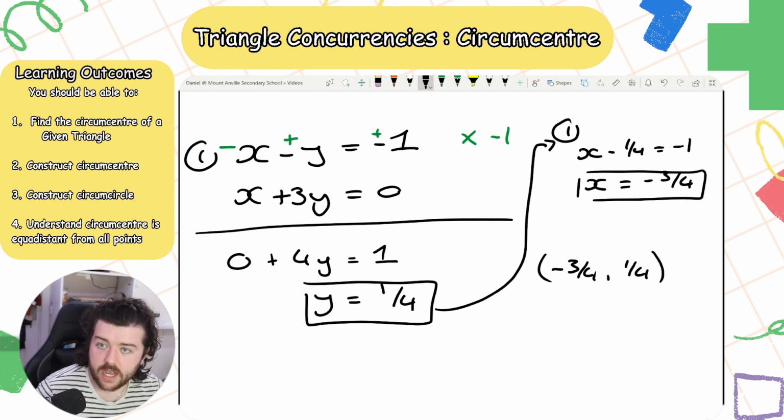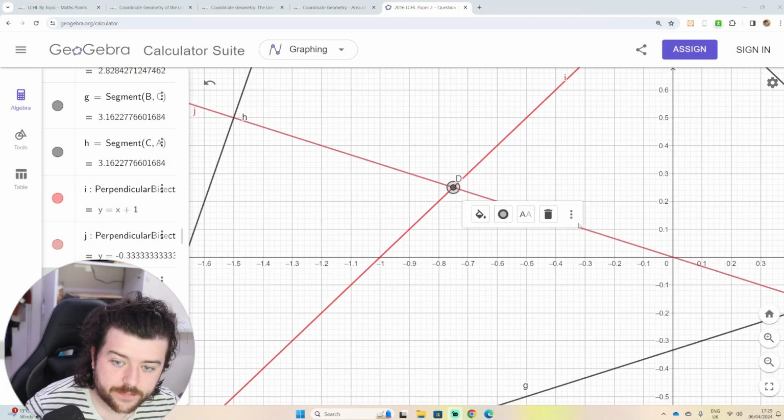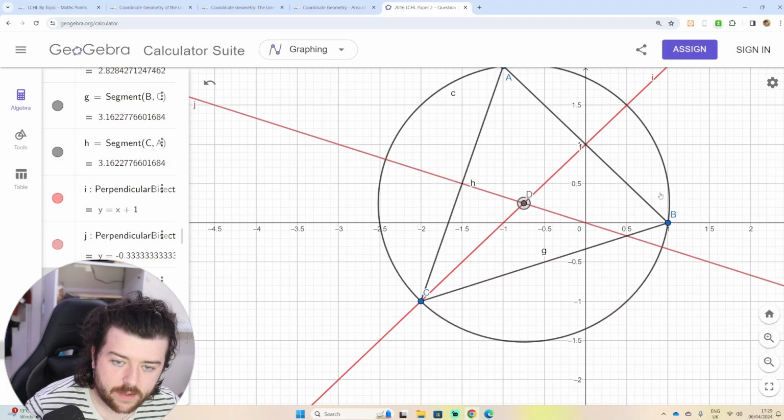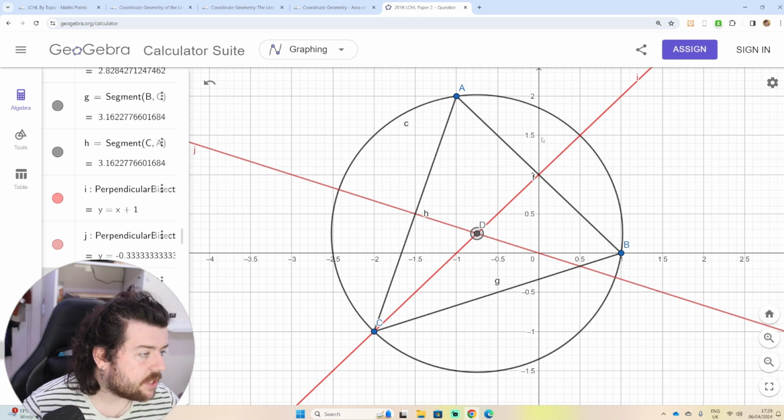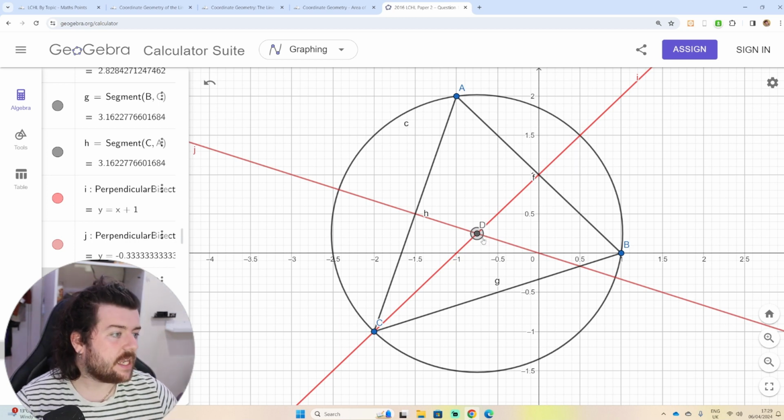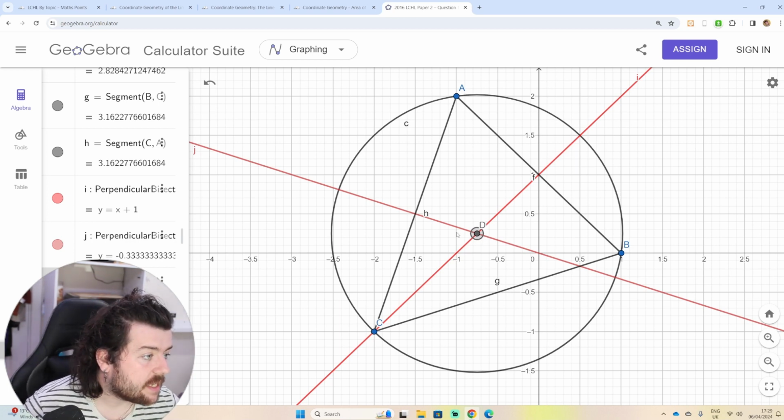So let's check our answers now on GeoGebra. Let me just zoom out here a second. So there is my triangle, my points A, B, and C. This point D here is my circumcenter, because the red lines are my perpendicular bisectors.